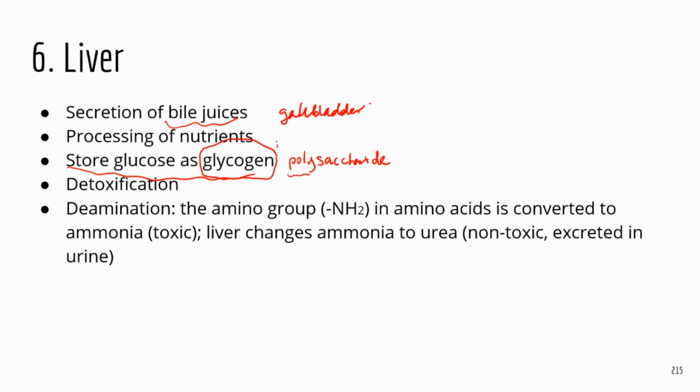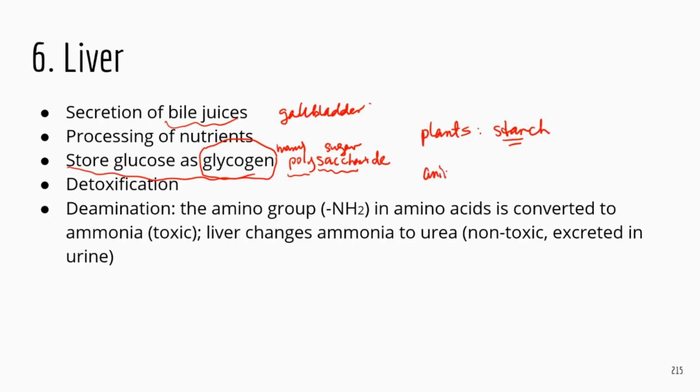So poly means many, and saccharide means sugar. Okay. So think of glycogen as similar to starch, but it's produced by animals. Okay. Plants make starch. They store their glucose in the form of starch. But we don't make starch, right? Humans do not make starch. We get starch from food.